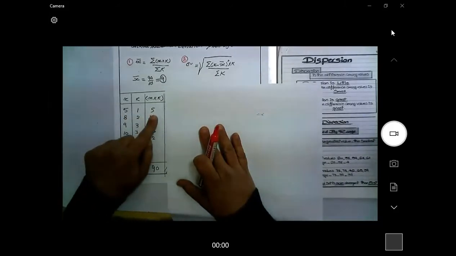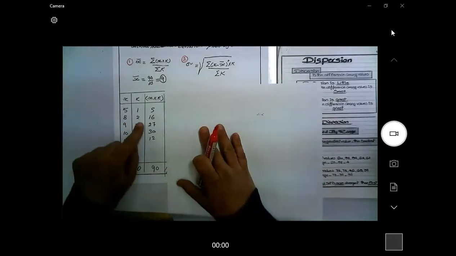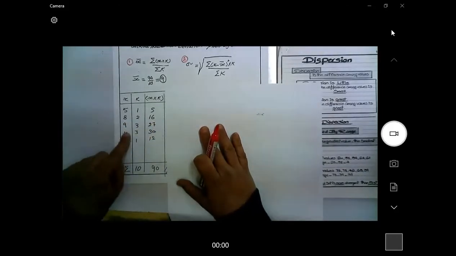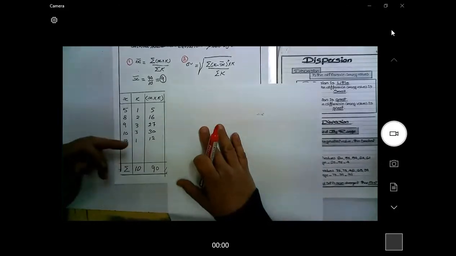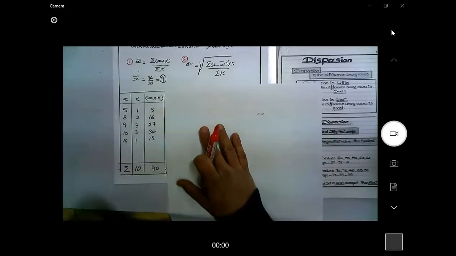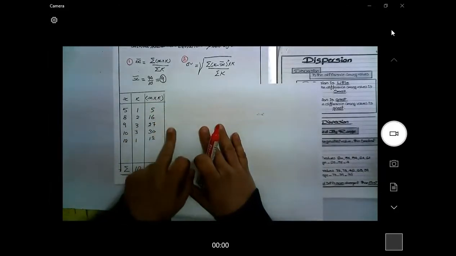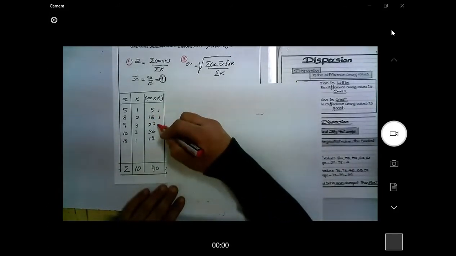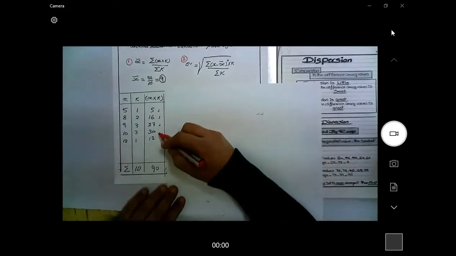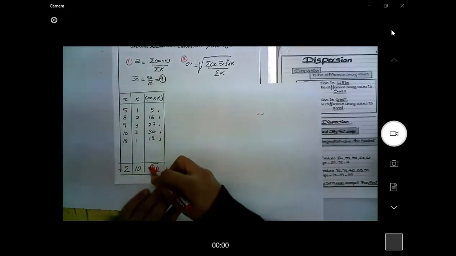5 times 1 equals 5. 8 times 2 equals 16. 9 times 3 is 27. 10 times 3 is 30. 12 times 1 is 12. Now we are going to get the summation of x times k. 5 plus 16 plus 27 plus 30 plus 12 equals 90.